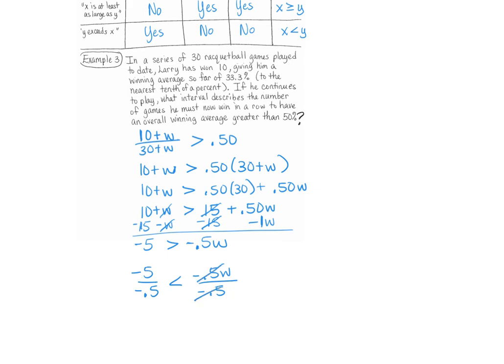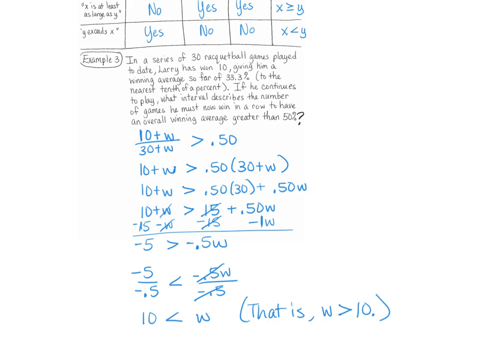The negative 0.5s cancel out. Negative 5 divided by negative 0.5 is 10. So we get 10 is less than W, which we can rewrite as W is greater than 10.